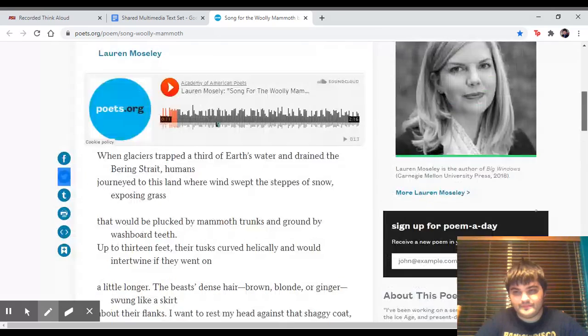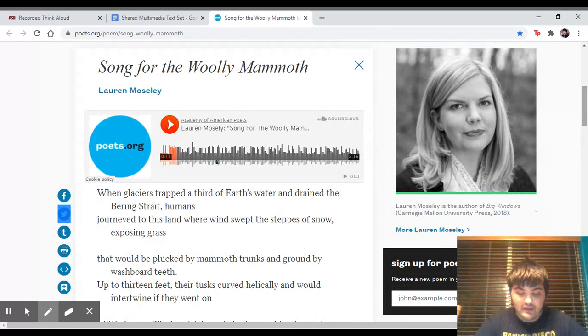And then after we understand that there's a beginning, middle, and end, we need to look at the title. How I want to look at the title is first overall, Song for the Woolly Mammoth. And then from there we break the title apart for comprehension and creating our own inferences or interpretation.